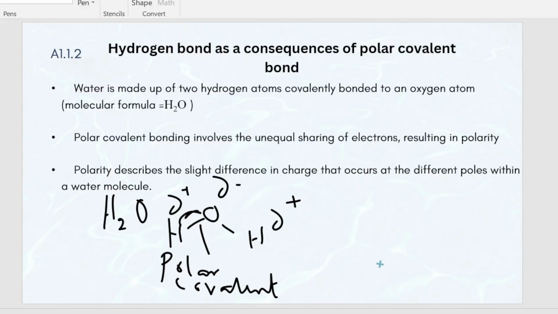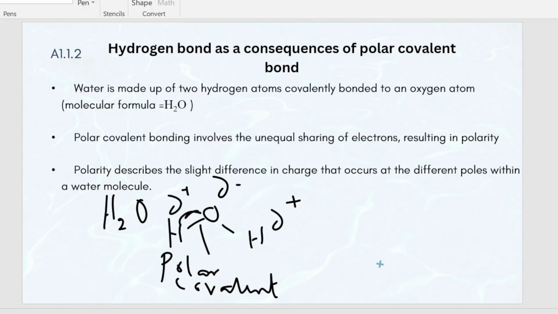A polar covalent bond involves unequal sharing, and this unequal sharing, like I said, is due to electronegativities. This is a bit of chemistry, but what you need to focus on is the fact that there is unequal sharing of electrons between oxygen and hydrogen, and so more electron is drawn towards the oxygen than the hydrogen, and this results in hydrogen bond.